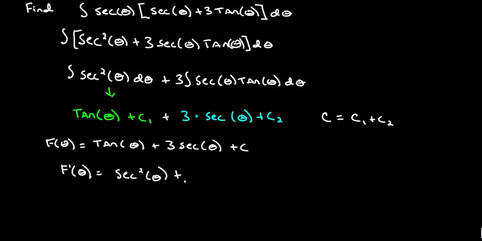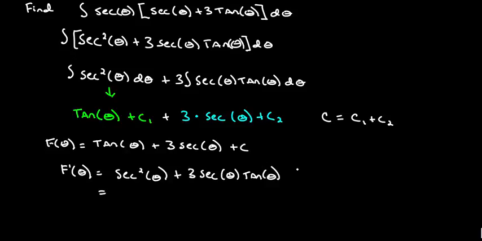The derivative of secant is secant times tangent. So this will be 3 secant theta times tangent theta. And of course, the derivative of the constant is 0.